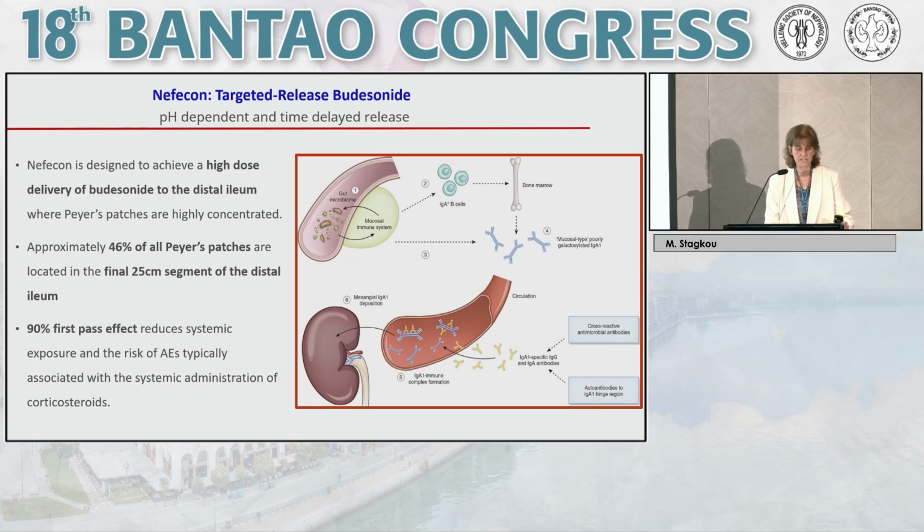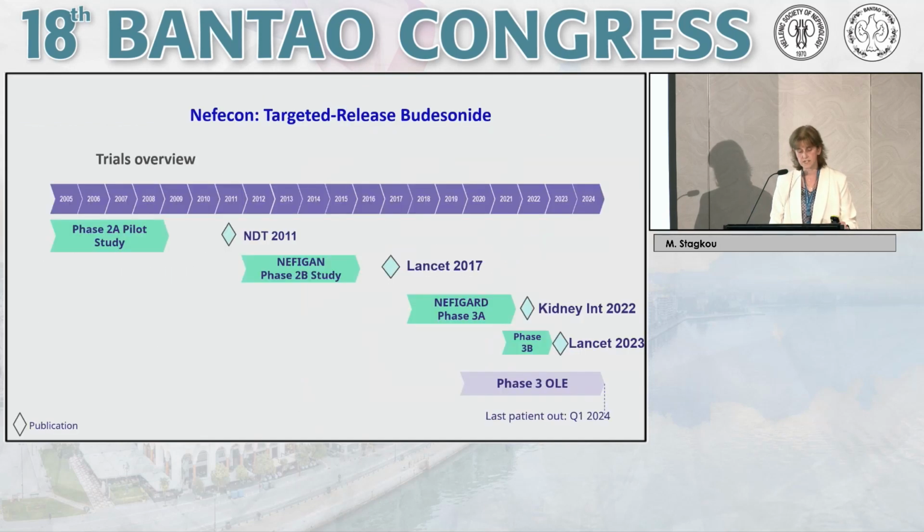Nefecon is designed to achieve a high-dose delivery of budesonide to the distal ileum, where Peyer's patches are highly concentrated. About 46% of Peyer's patches are located in the final 25 centimeters of the distal ileum. And something that reduces the side effects is the phenomenon of 90% first pass effect. It means that very small amounts of steroids are coming into the systemic circulation.